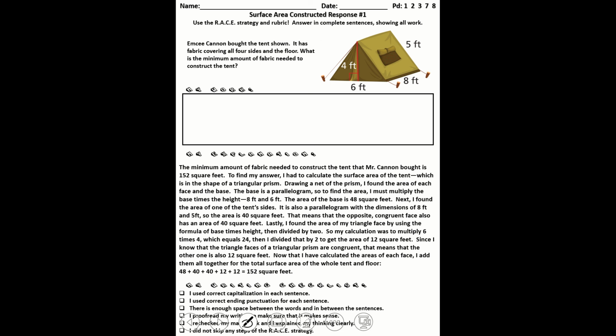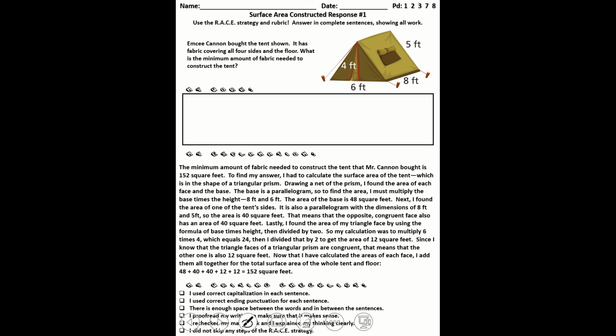Now that I have calculated the areas of each face, I add them all together for the total surface area of the whole tent and floor. 48 plus 40 plus 40 plus 12 plus 12 equals 152 square feet.